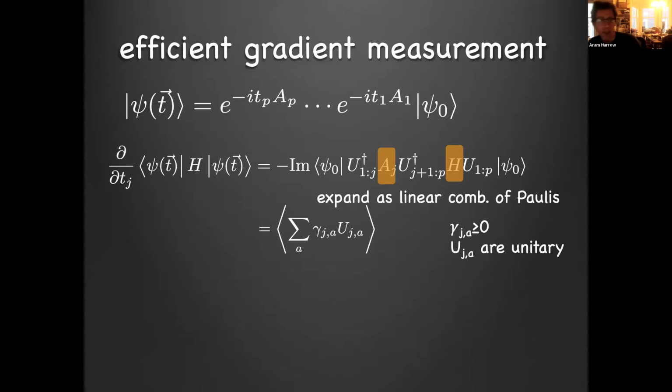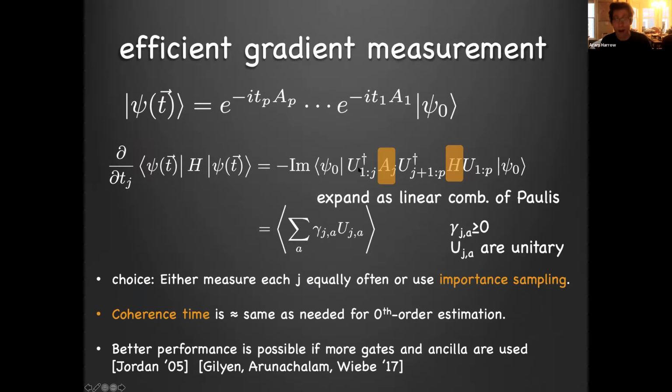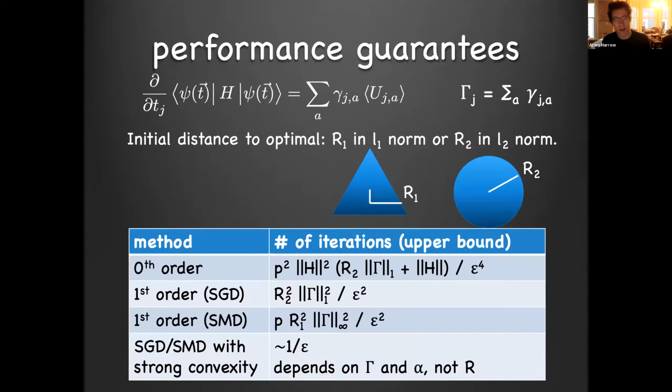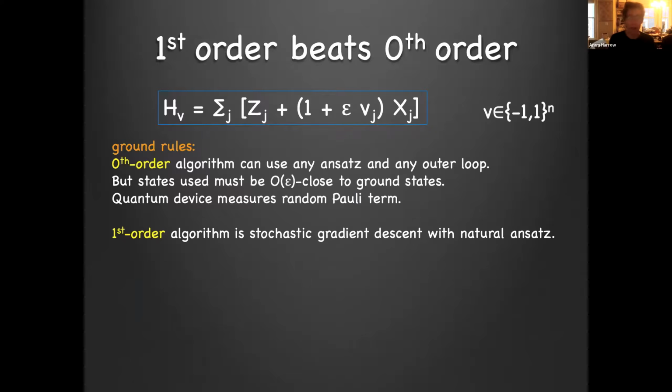I don't have time to really get into this. It turns out a quantum computer can estimate gradients efficiently. The cost is barely more than estimating the energy. And in some cases, you have some rigorous performance guarantees, which I'm going to skip.